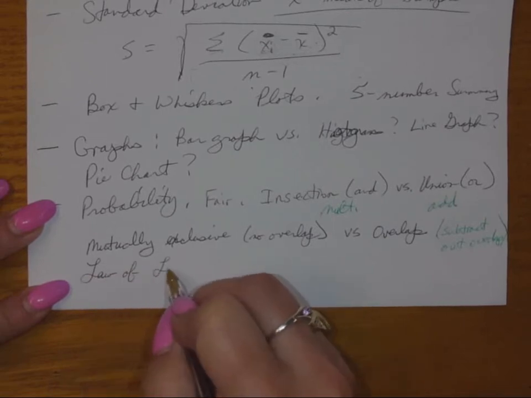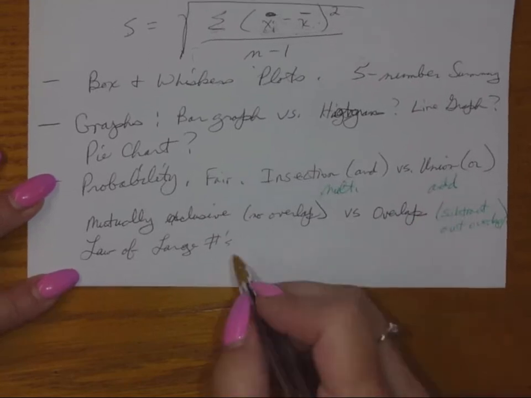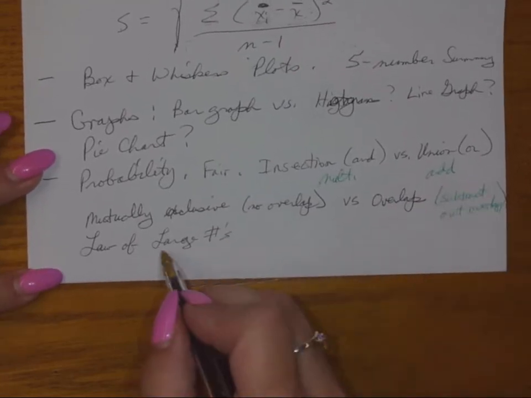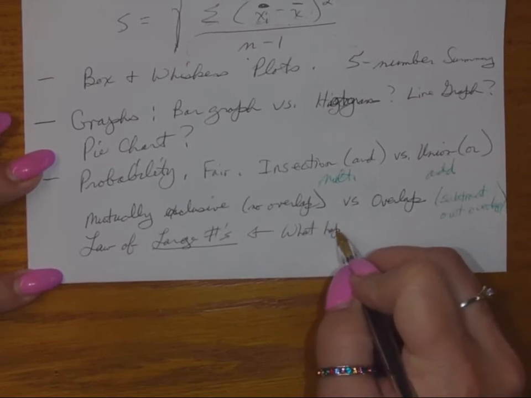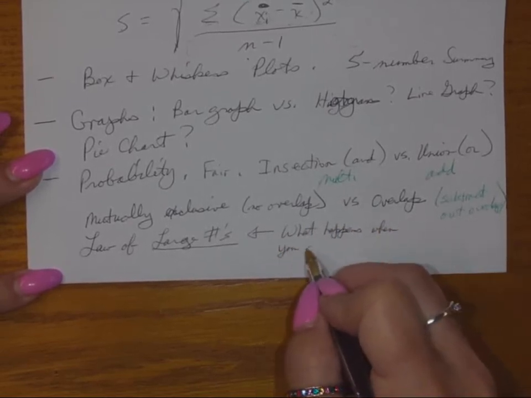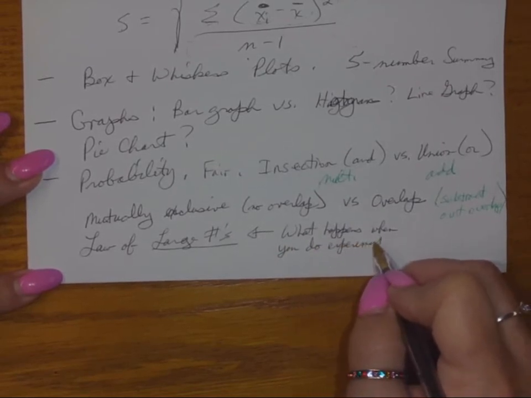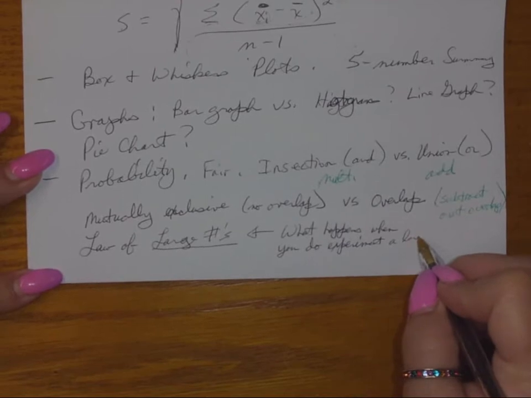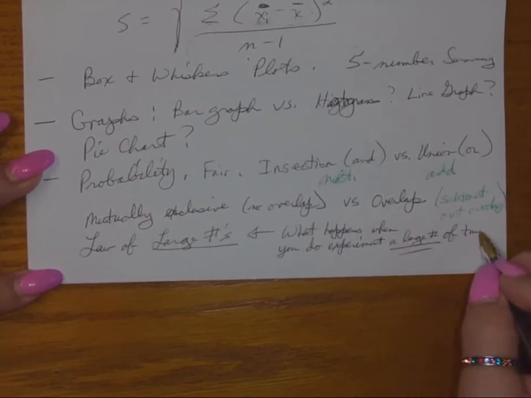Law of large numbers, right? Think about it this way, large numbers. This is what happens when you do an experiment a large number of times.